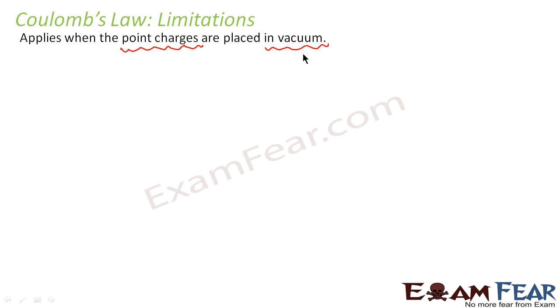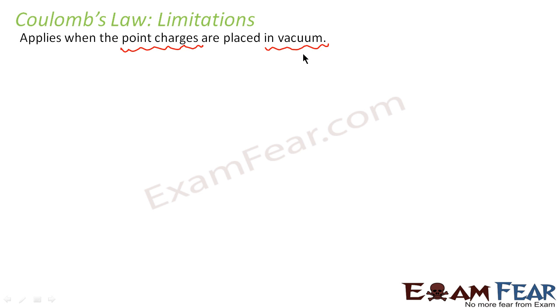Right now we are considering that the force on 1 due to 2 is only due to 2. There is no other charge in the surroundings. But if the medium also has charges, then the effect of those charges also needs to be considered. Coulomb's law didn't facilitate the consideration of those charges. So Coulomb's law applies only for scenarios where the point charges are placed in vacuum.